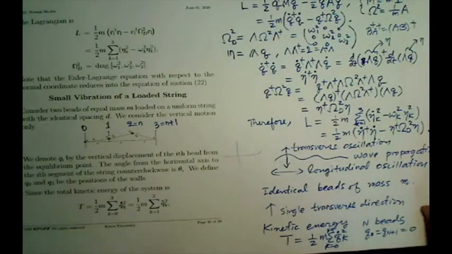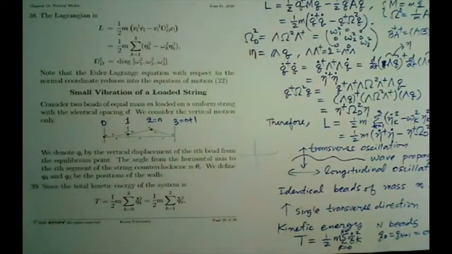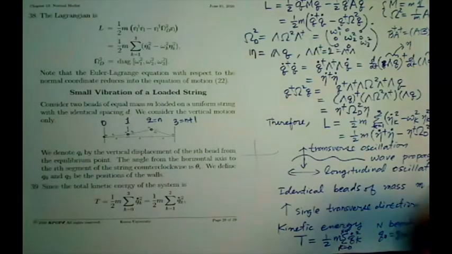Let us extend our method to consider a vibrating string, especially a loaded string. In the next chapter, we take the continuum limit to consider the vibration of a continuous, uniform string. But before we consider that problem, we consider massive particles.